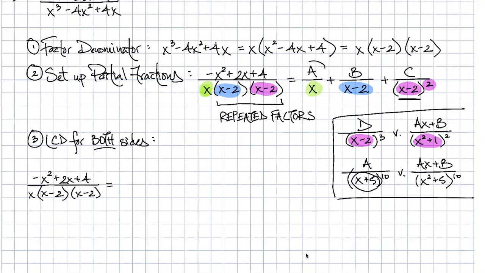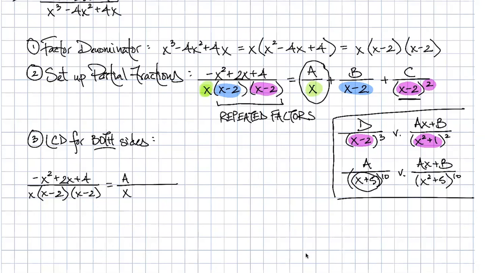If I just focus on this A over x, what do I need to multiply the x by to get the denominator to be the same as the other side?